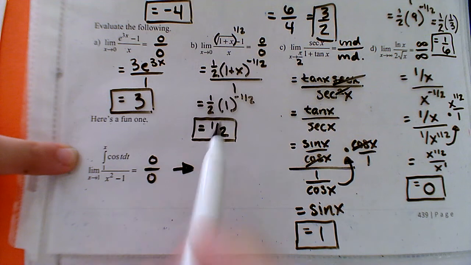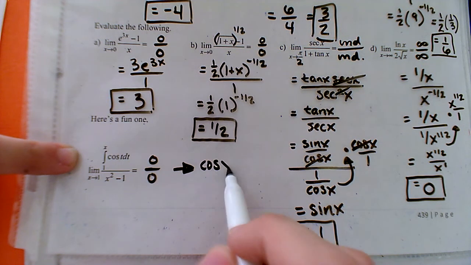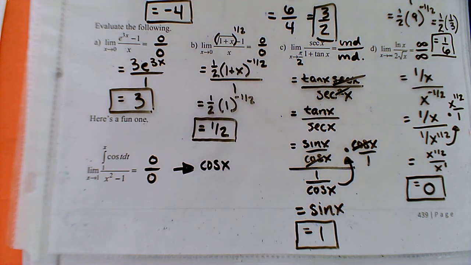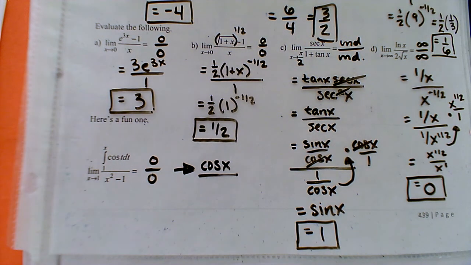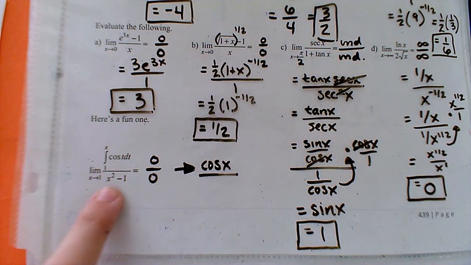If we plug in the top bound, that'd be cosine of x times the derivative of the top bound, which would just be 1. And then we'd have to subtract, plugging in the bottom bound, but then we'd have to multiply by the derivative of the bottom bound. And the derivative of 1 is just 0. So we know that's going to go away. Looks like we're just left with cosine of x for the top. What about the derivative of the bottom?